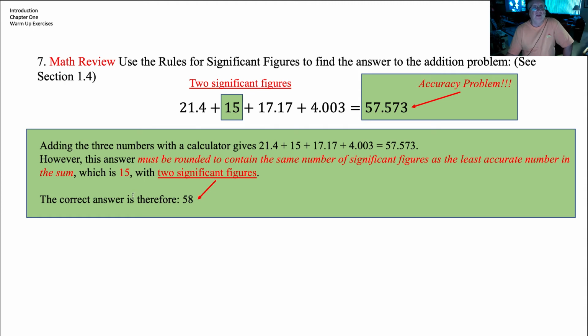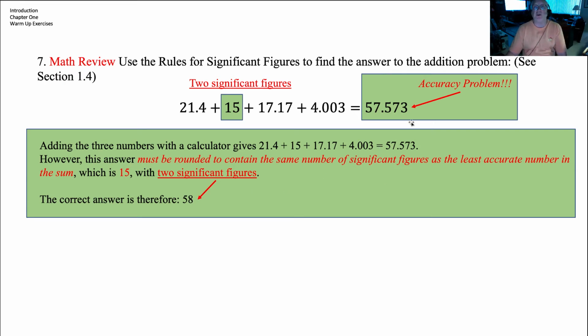Okay? So the answer must be rounded to contain the same number of significant figures as the least accurate number in the sum, which is 15. So therefore, we need to round 57.573 to two significant figures.